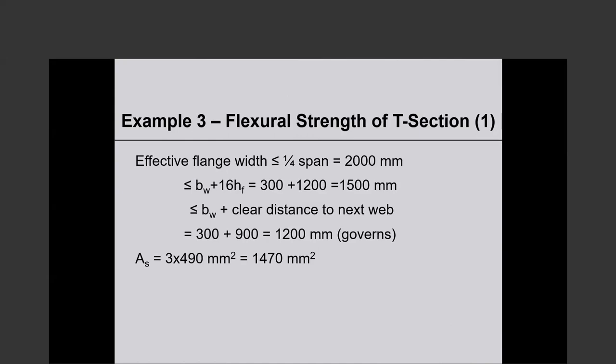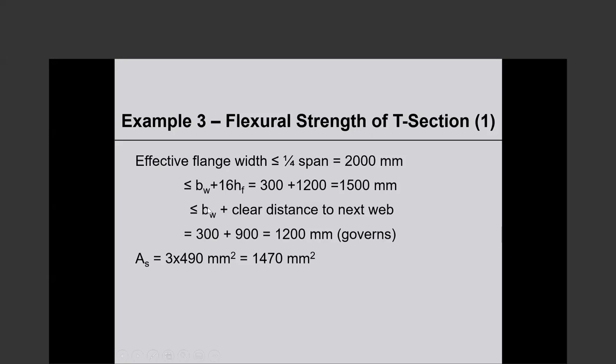The web width plus 16 times the flange thickness. Web width is 300, 16 times the flange thickness of 75 millimeters.